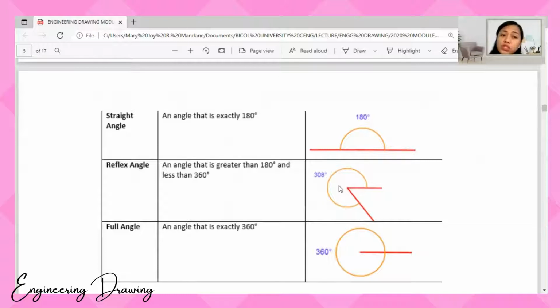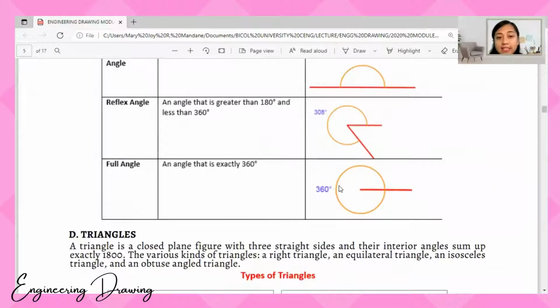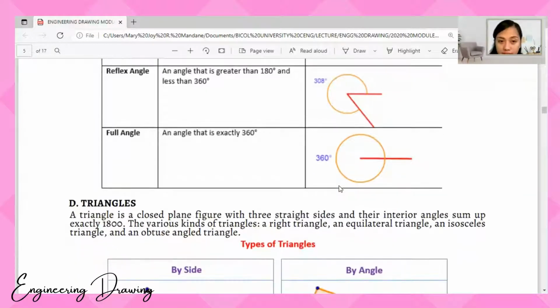Okay, we have also the straight angle, an angle that is exactly 180 degrees, and reflex angle, an angle that is greater than 180 degrees and less than 360 degrees. And full angle is an angle that is exactly 360 degrees, as you can see in our figures.